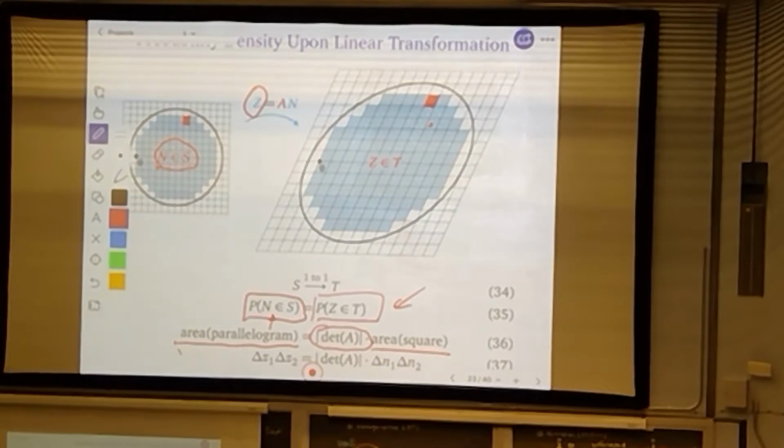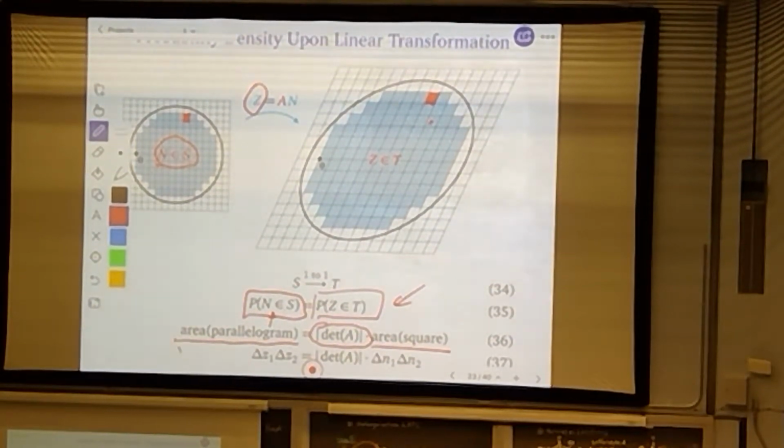Depending on how each column of A is taken, whether you take one column or minus that column, the determinant may have a negative value, but it doesn't matter in terms of the area calculation. So you take the absolute value of that.